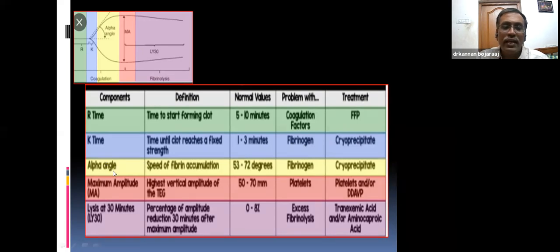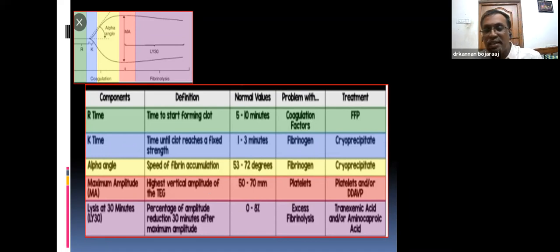And the alpha angle is the speed of fibrin formation, how fast it is done. That is normally 70 degrees. If it is slow, again fibrin is the problem. The treatment is cryoprecipitate. And MA, the vertical amplitude of the TEG, is the firmness of the clot.